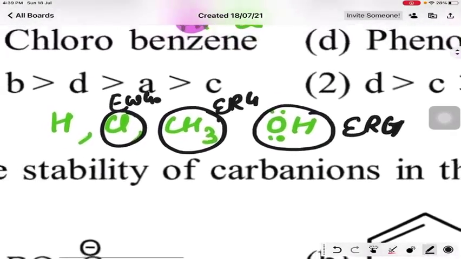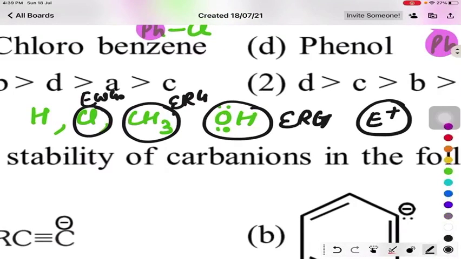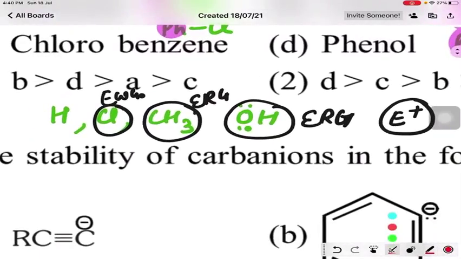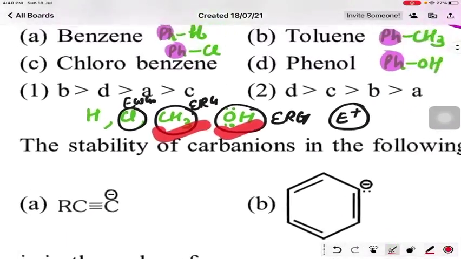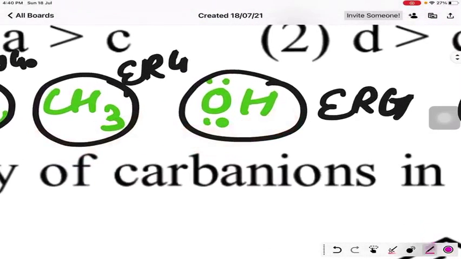So reactivity toward an electrophile will be increased by the electron releasing group. Now it means the most reactive are toluene and phenol, but between these two, CH3 is donating electrons through hyperconjugation, whereas the OH group is donating electrons through resonance.